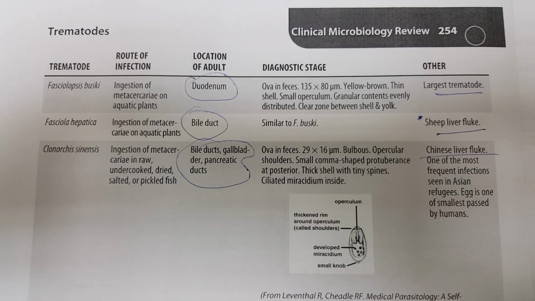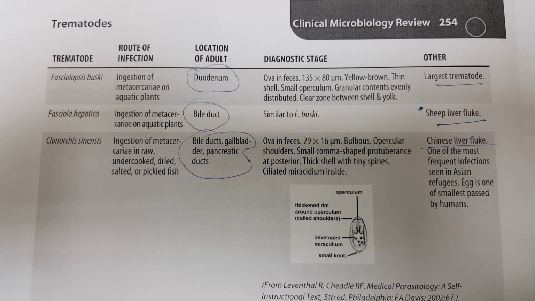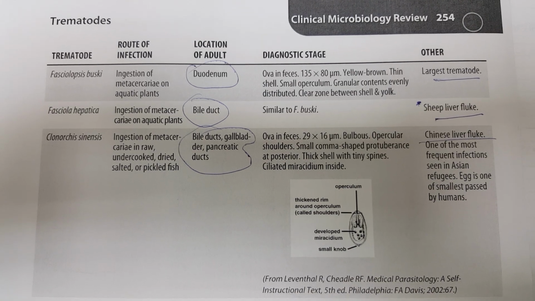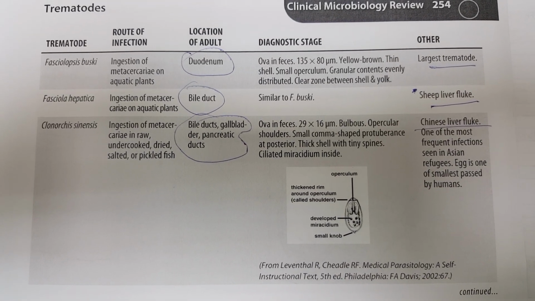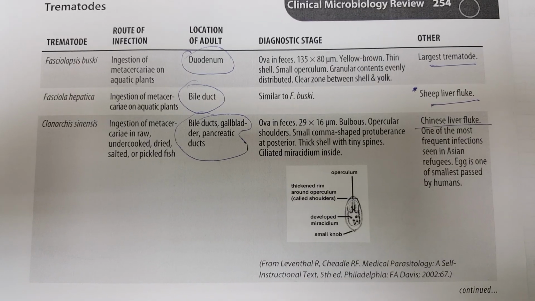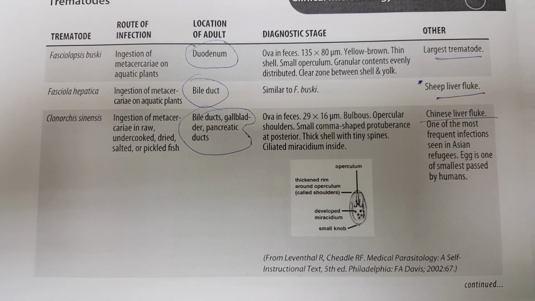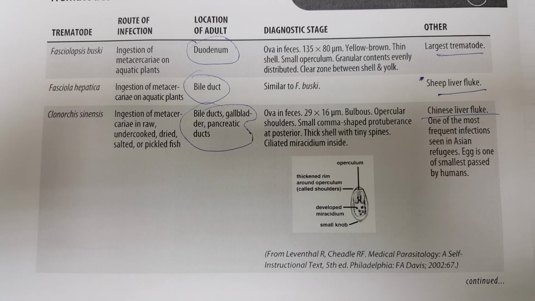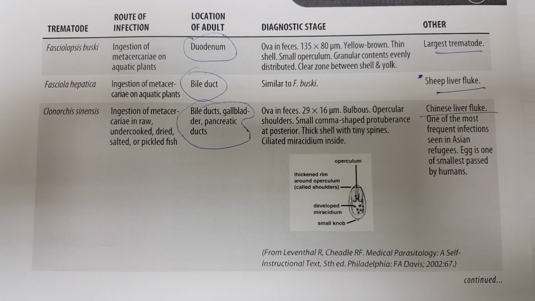Intestinal trematodes are a very important group in pathogenic parasitology. The first one is Fasciolopsis buski. This is the parasite of the duodenum, transmitted by the ingestion of metacercariae on aquatic plants.